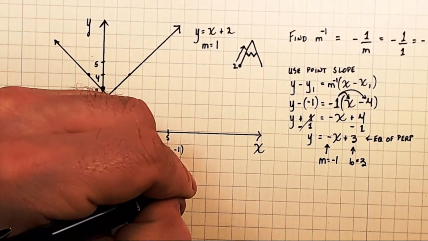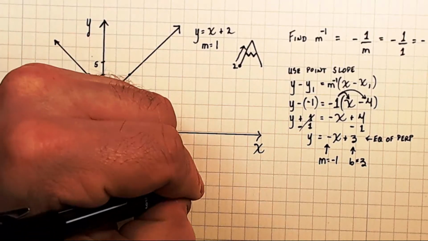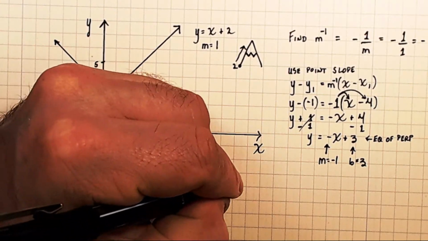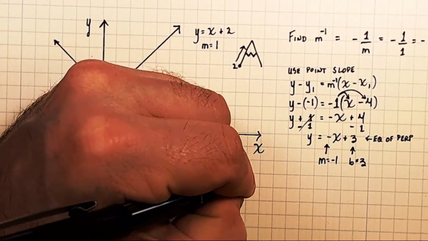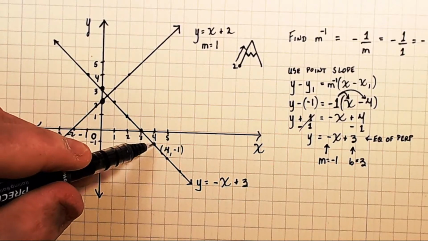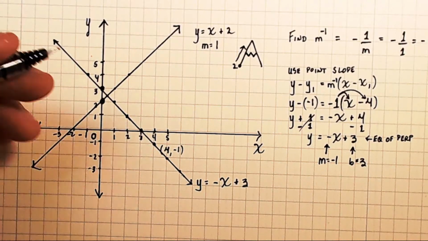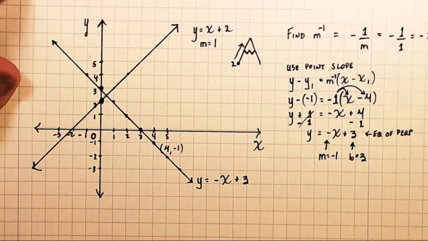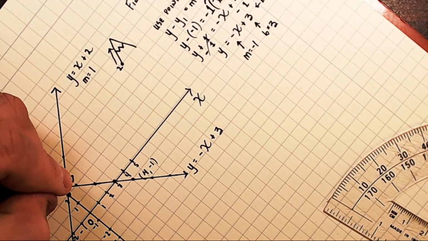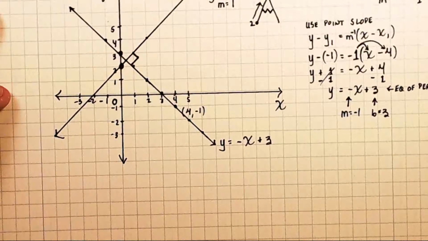Now, let's label this line y equals negative x plus 3. This is the perpendicular line. It passes through the point 4, negative 1. These perpendicular lines form a 90-degree angle with one another. Okay, just like that.